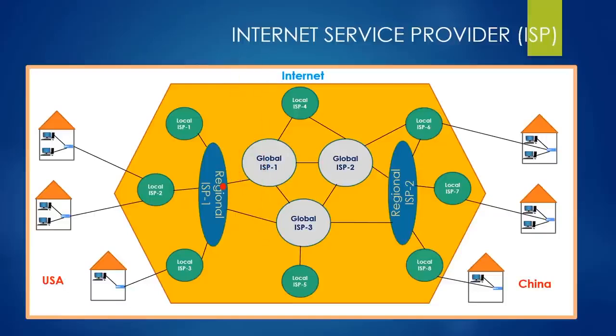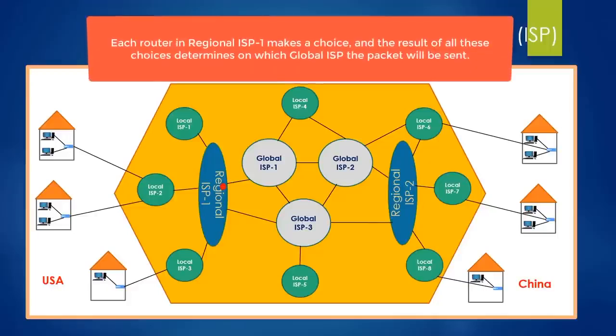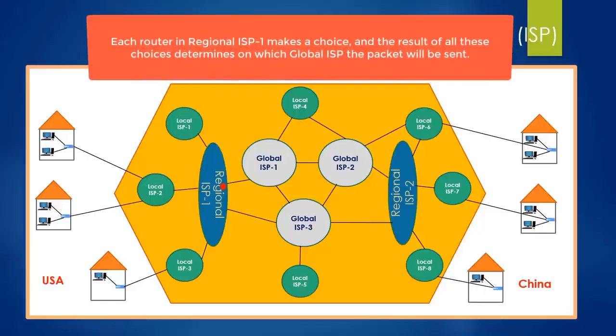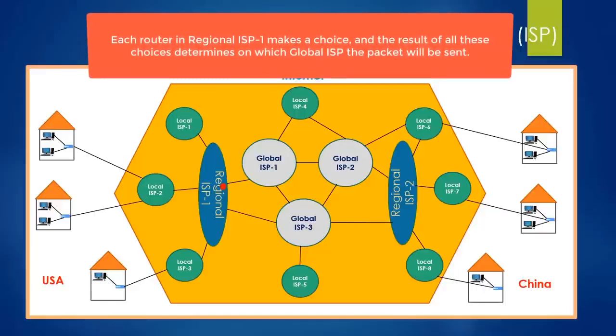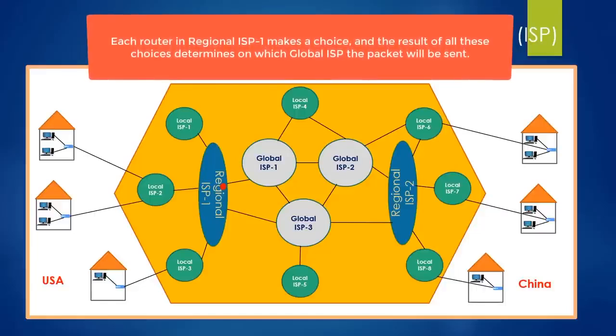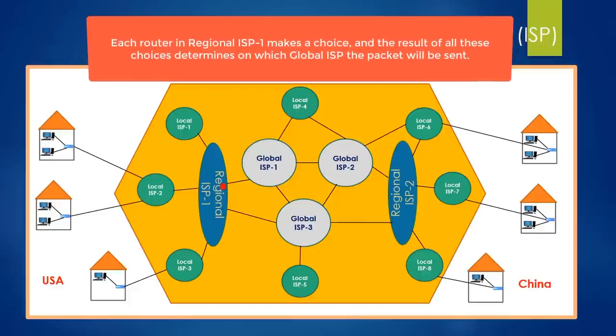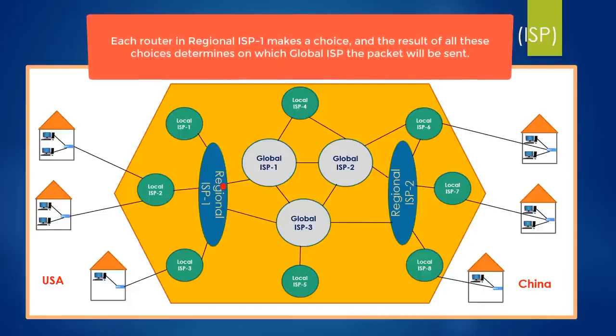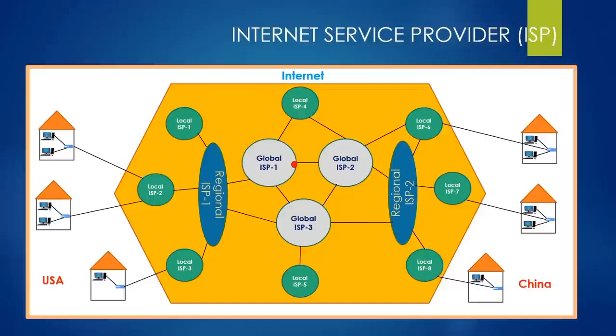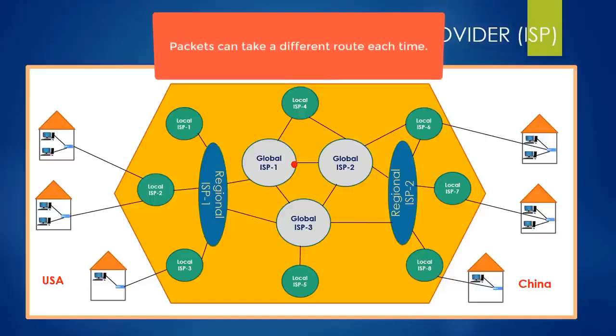In other words, global ISP1 or global ISP3. I hope you understand that this selection is determined by the routers in the regional ISP1. Each router makes a choice, and as a result of these choices, the packet's path is determined. Let's say the packet will be forwarded to global ISP1, and there we go. By the way, another packet that will pass through regional ISP1 may go to the global ISP3 next time. Who knows? You catch the idea.